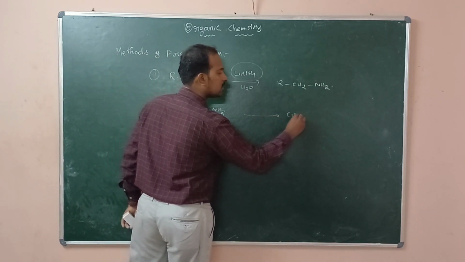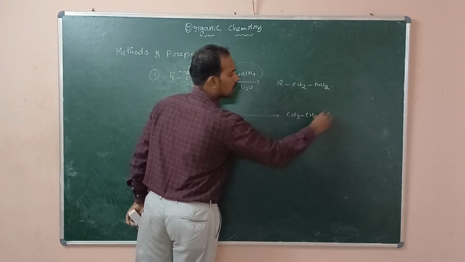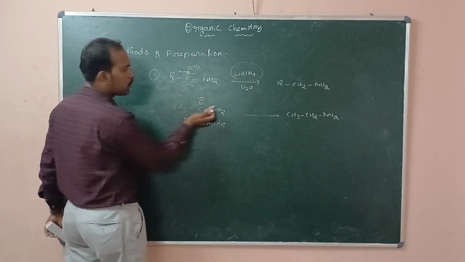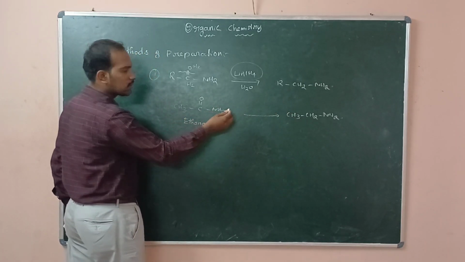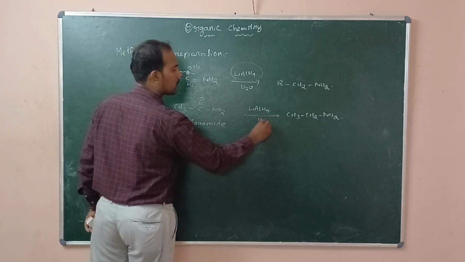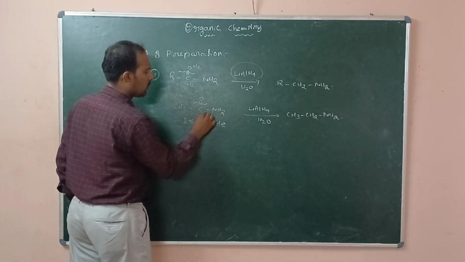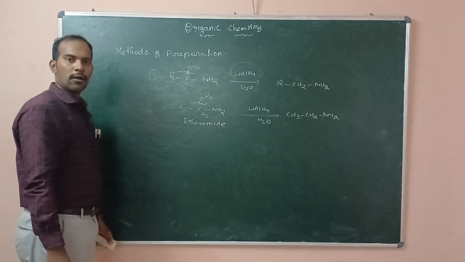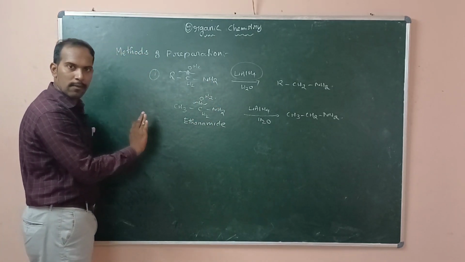Ethanamine means CH3CH2NH2. So to convert this amide to amine with the same number of carbons, use LiAlH4 in the presence of H2O: break the bond, add two hydrogens here and add two hydrogens here. So this is the fourth method of preparation.